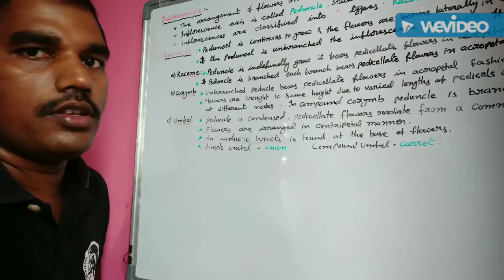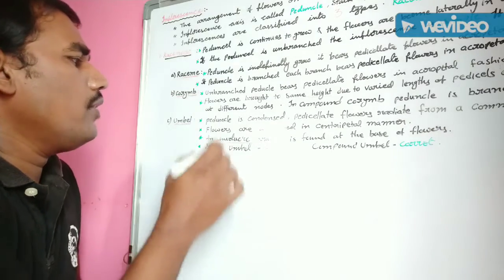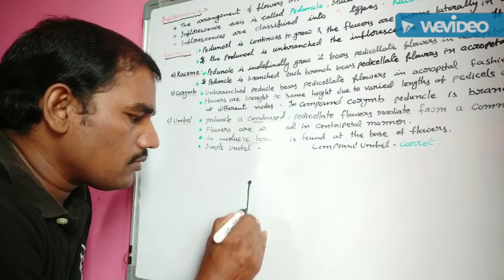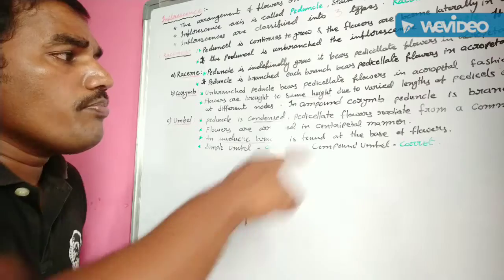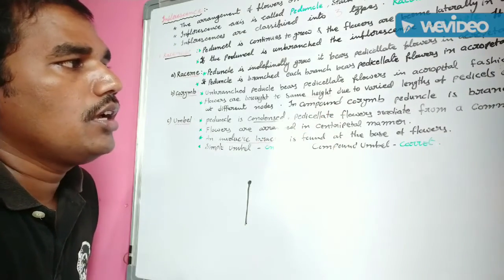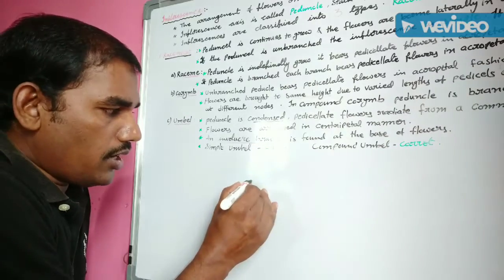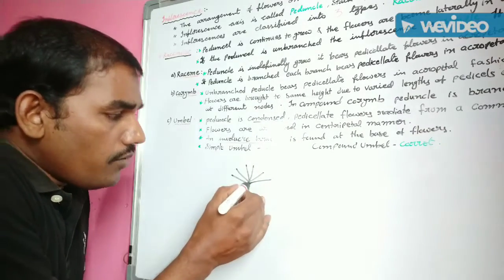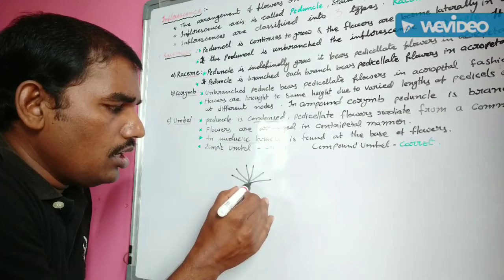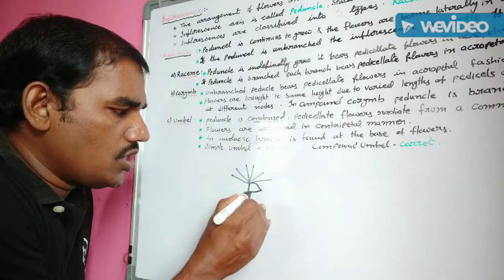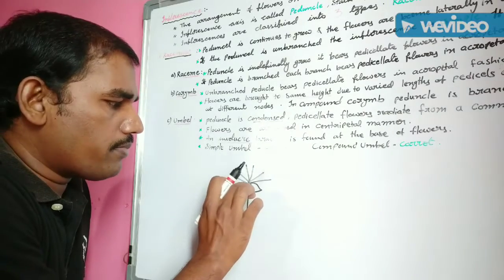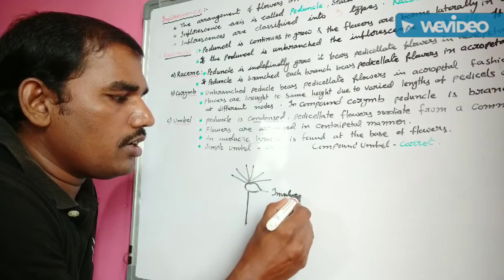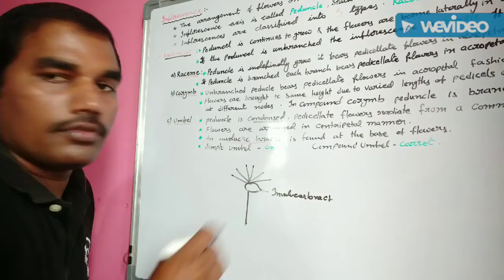Umbel, a racemose inflorescence. In this umbel type of inflorescence, the peduncle is condensed. Next, pedicellate means stalked flowers radiate from a common point. Every flower consists of a bract. These bracts are fused with one another and form a large bract, known as the involucre bract.